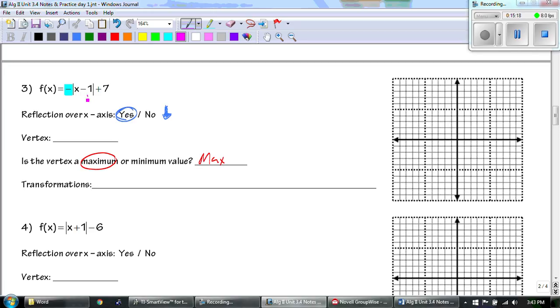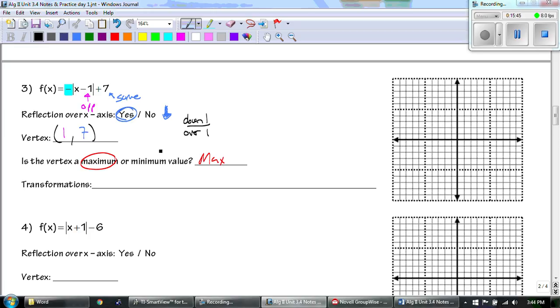Now, the vertex, remember we take the opposite, and then we take the same. So the opposite of -1 is +1, and then the 7 stays the same. So since it's going down, the reflection, I know it's going to be down 1 over 1.